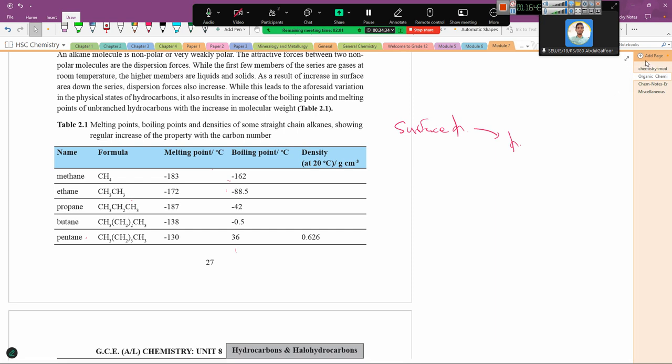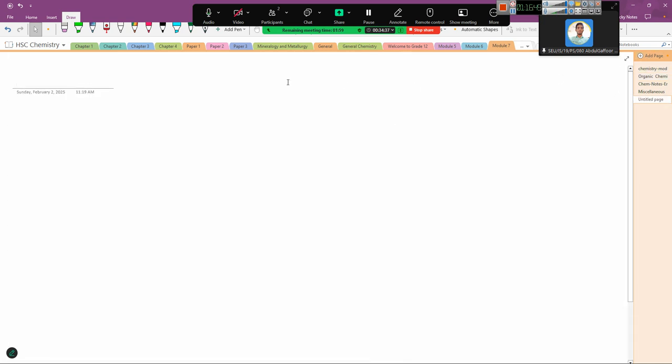Okay, so let me add a new page, and you can simply put the heading: organic reagents used in organic reactions, right? So now let's put up a list that we are going to study. First of all, we have to study Tollens' reagent. What's that?